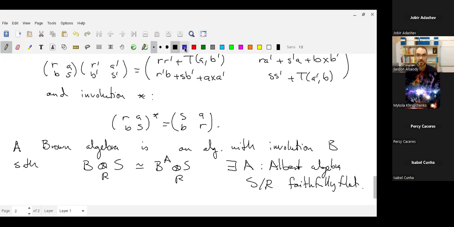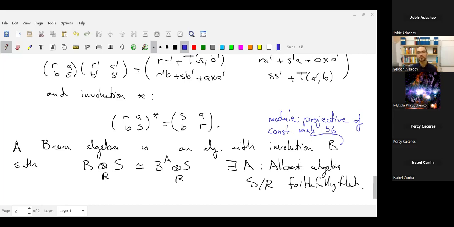I forgot to add the requirement that I want the underlying module to be projective of constant rank 56, generalizing the fact that over fields this is a 56-dimensional algebra. So that is Brown algebras.